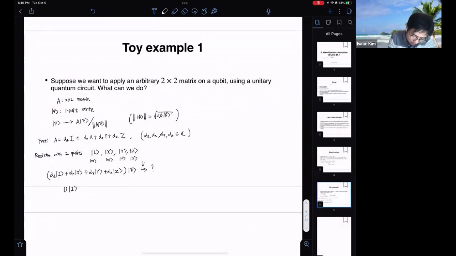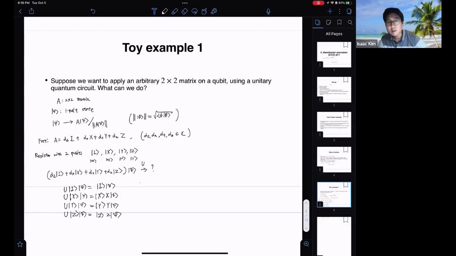U applied to I psi does nothing. U applied to X psi applies X. At this point, you can almost guess what's going to happen to the other cases, but I'll just write it down. Oops, a mistake. That should be X, Y, and Z.